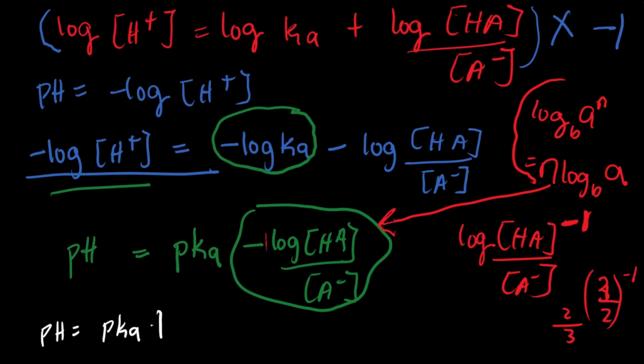that pH is equal to pKa plus, now, the logarithm of A minus divided by HA, because we now have the -1 here and we have the plus value here.